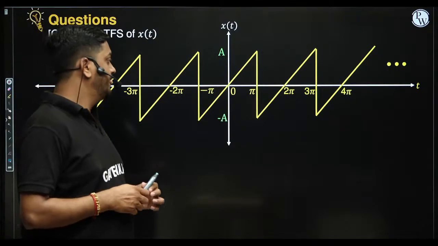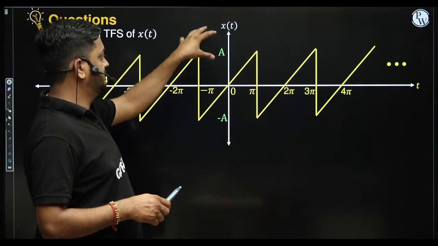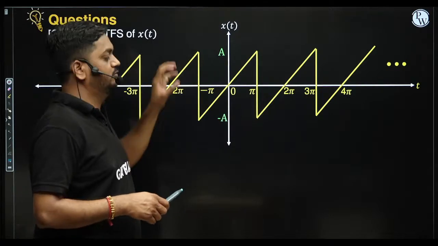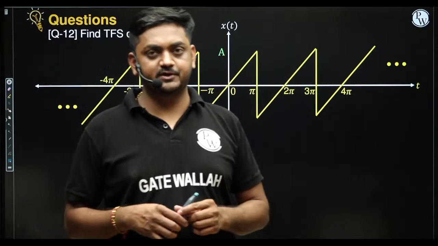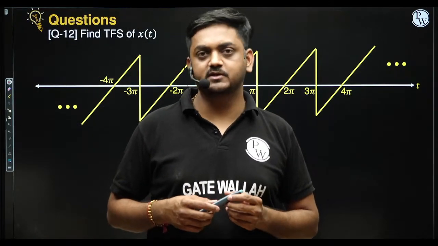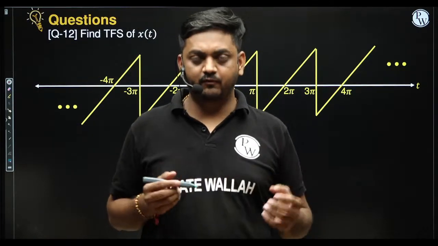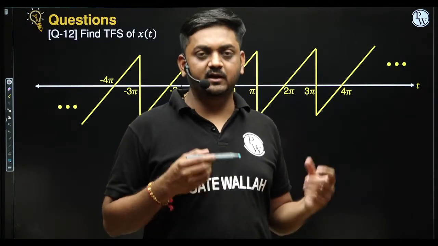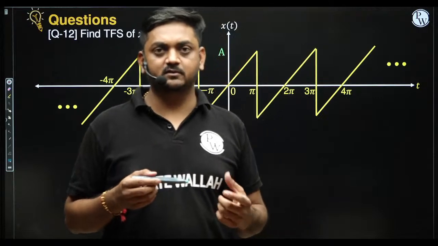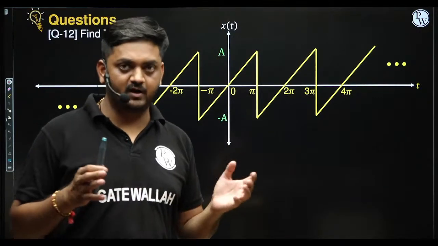Now see, this is the graphical representation of x of t. In the formula, we require the mathematical expression of this graphical representation of the signal. So first of all, we need to express this signal as a mathematical expression from its graphical representation over a fundamental time period.